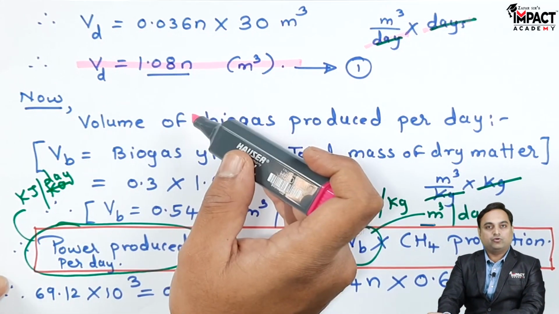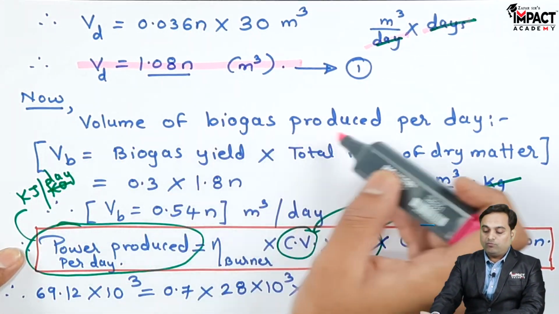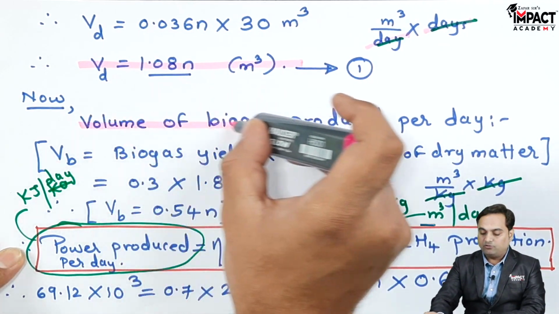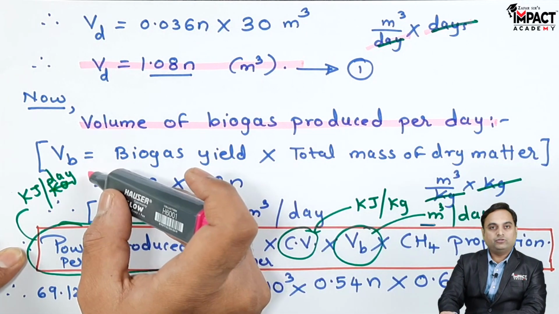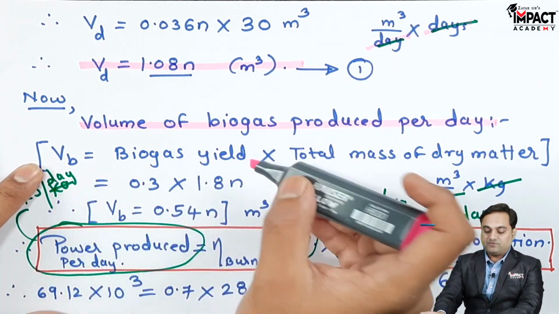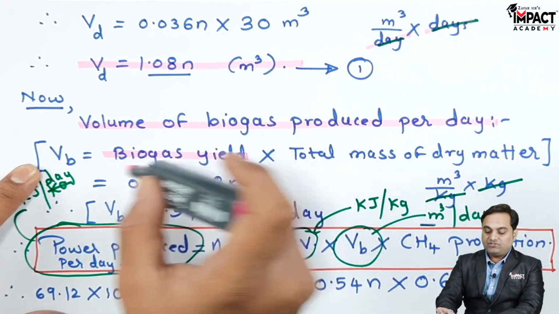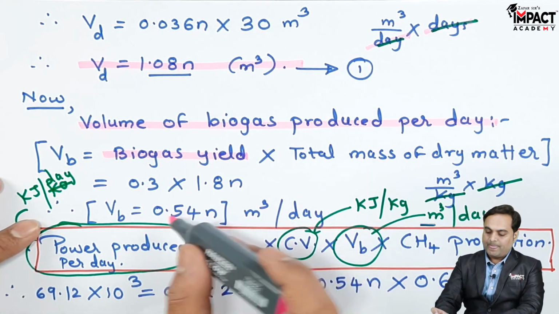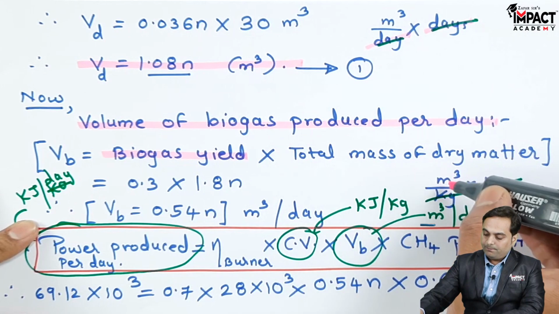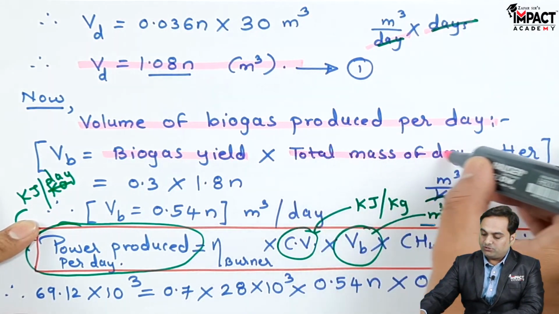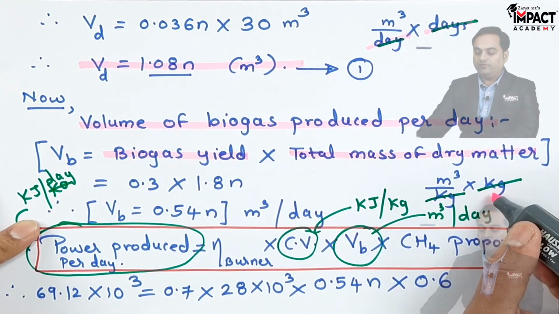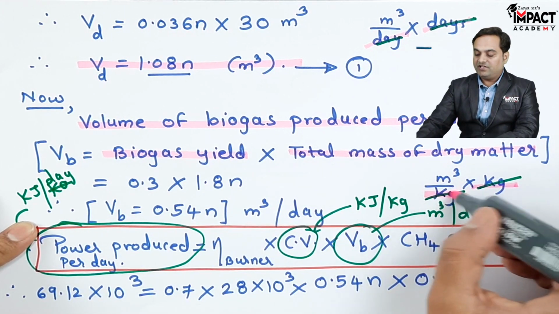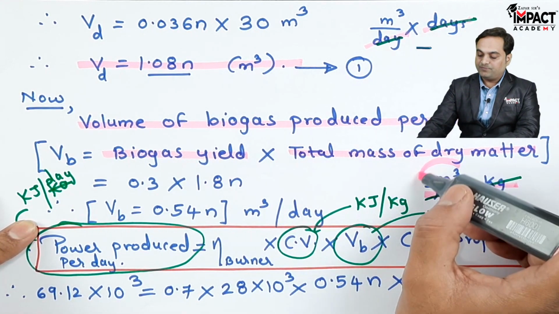Now once we have reached here, the volume of biogas produced per day, I am talking about the total volume, is denoted by V suffix b. Biogas yield is in meter cube per kg, multiplied by the total mass of the dry matter in kg. So meter cube per kg into kg, kg and kg get cancelled, what remains is meter cube.